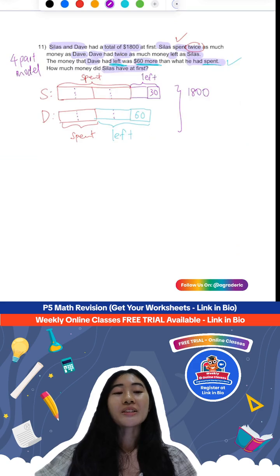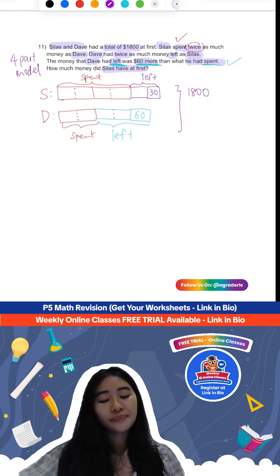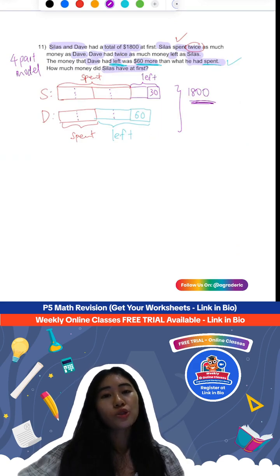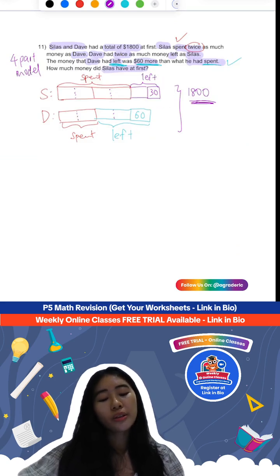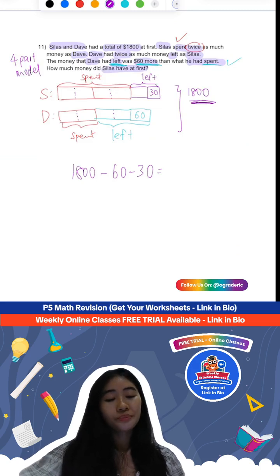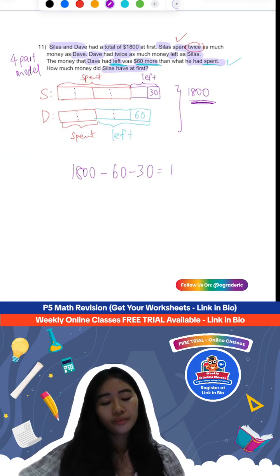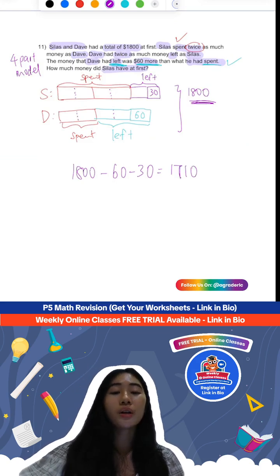Okay, yeah. So how will you do the calculations for this? You are going to use 1,800 and then minus away the numbers first. So you see that you have 30 and you have 60. You should try to minus away those two numbers first. Right. So you should have gotten 1710 for that.